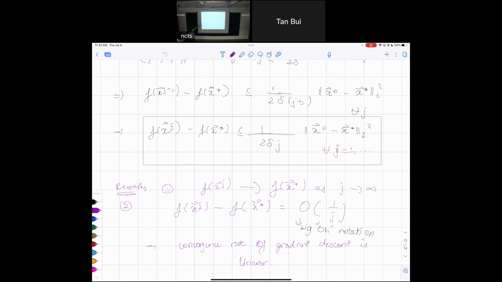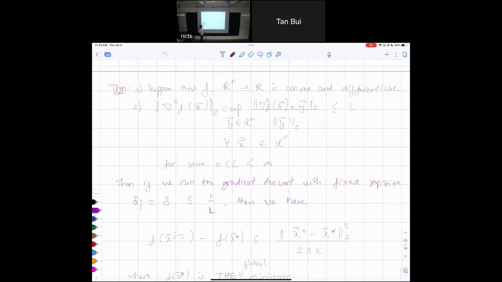We assume convexity, we assume that the Hessian is bounded, and the step size is fixed, and not only fixed but also less than 1 over L. Theoretically, if you have these three conditions, we have convergence.